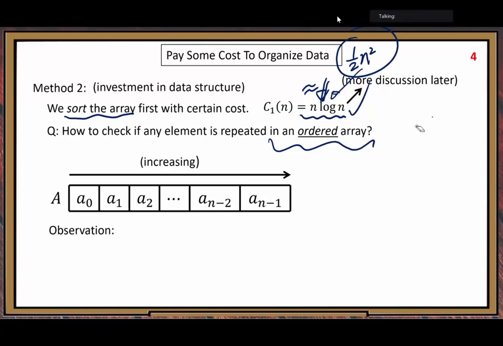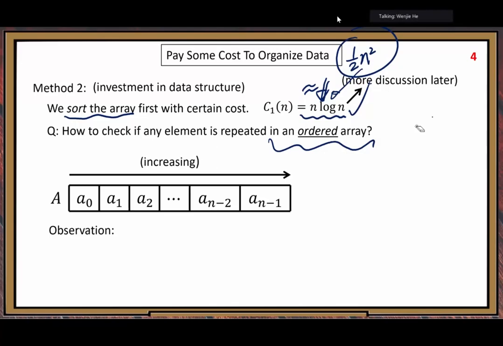Now, that's the comment I want to compare with our bubble sort. Remember, the reason we can do the best we can with bubble sort is because we change the global view to local view. We change the global inversion to local inversion.